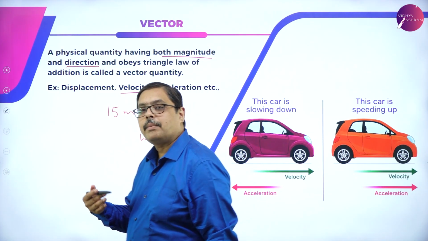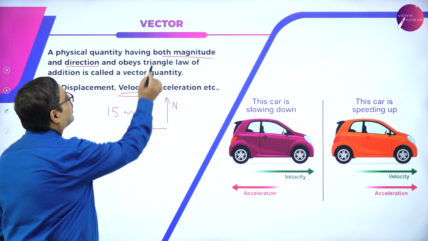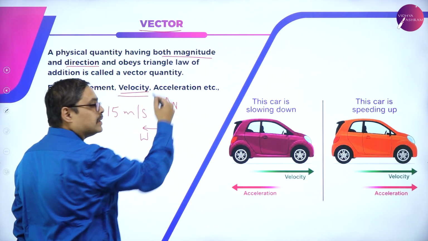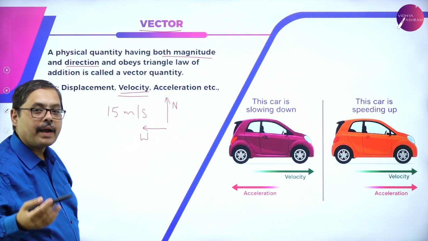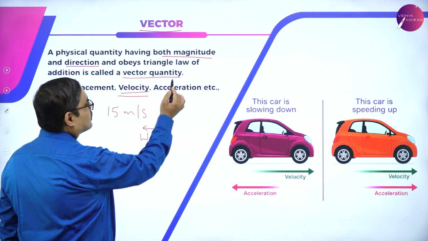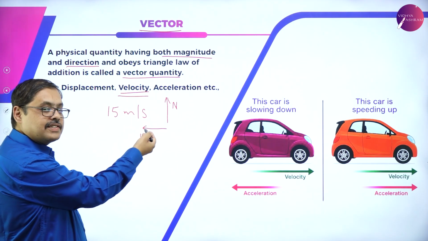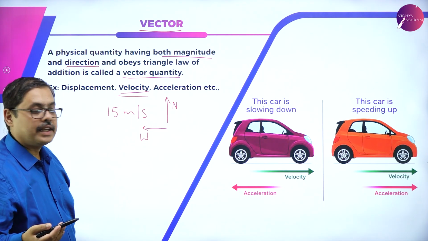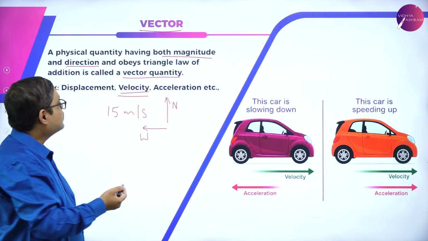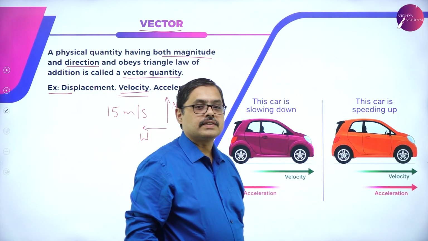So along with the magnitude, we also give the direction to this. That is why such quantities are called as vectors. Physical quantities which have both magnitude as well as direction are called vector quantities. What are the examples? It may be displacement, velocity, acceleration, force, momentum, etc. So all these things are typical examples for vector quantities.